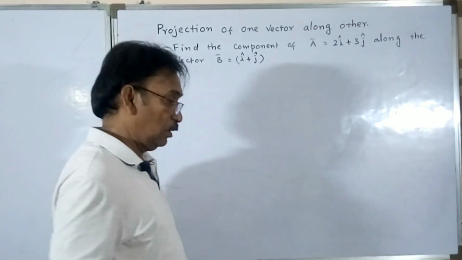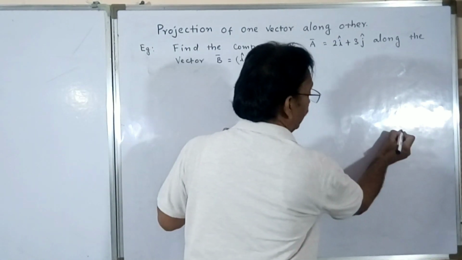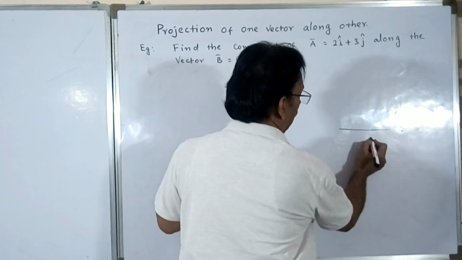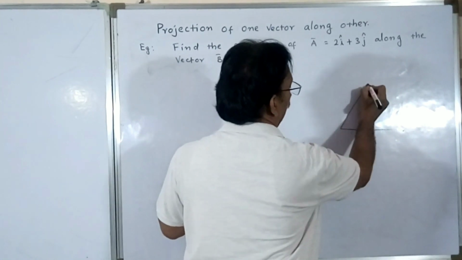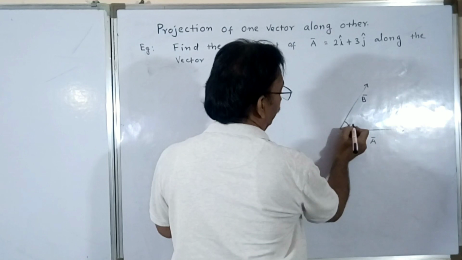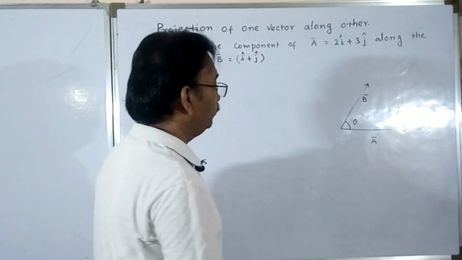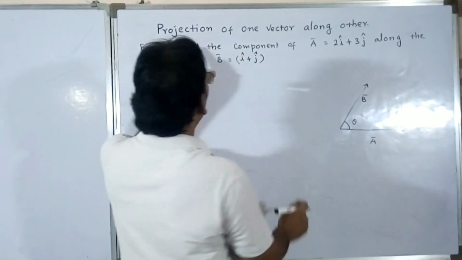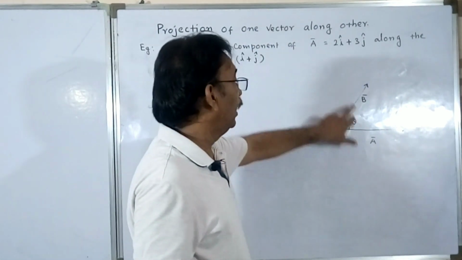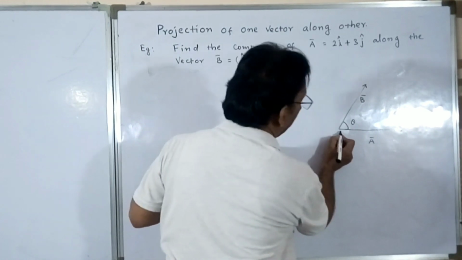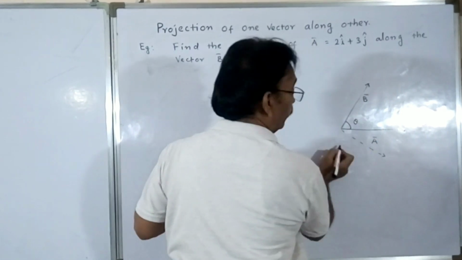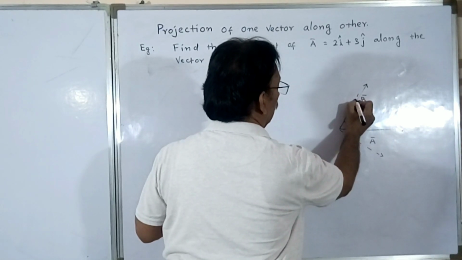First of all, we have to draw the diagram. Let's take a vector, it is A bar, and we have one more vector, B bar. The angle of inclination is theta. We need the component of A bar along the B bar, so we are resolving it into two perpendicular components.